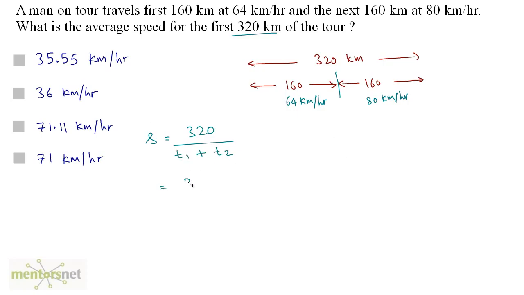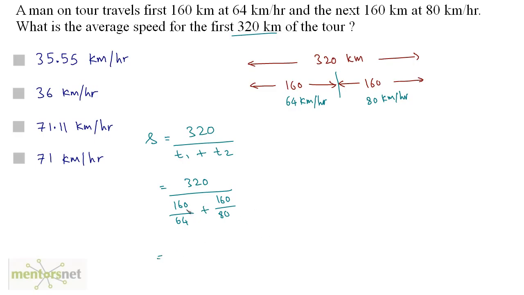Now again you have 320 by what is T1? Well, you know the formula for time, which is distance upon speed. So the distance is 160 kilometers, the speed is 64 kilometers per hour, so 160 by 64, plus again 160 by the speed of 80 kilometers per hour, so 160 by 80.